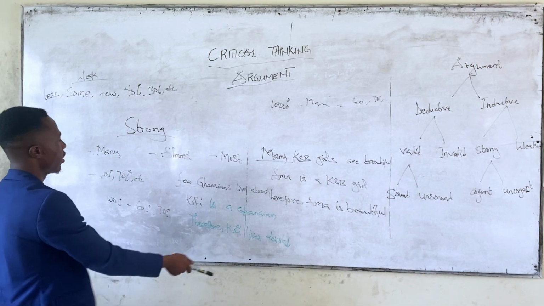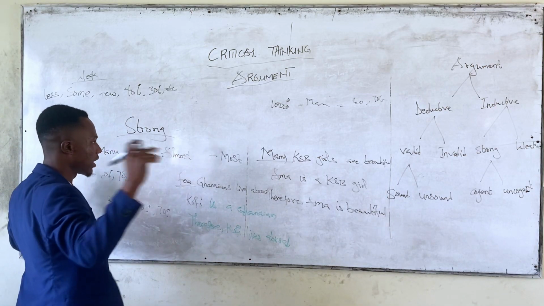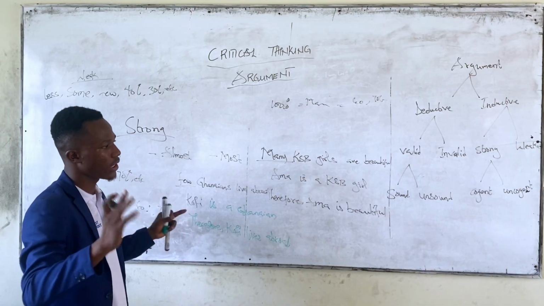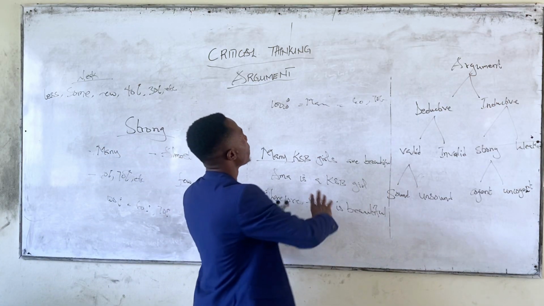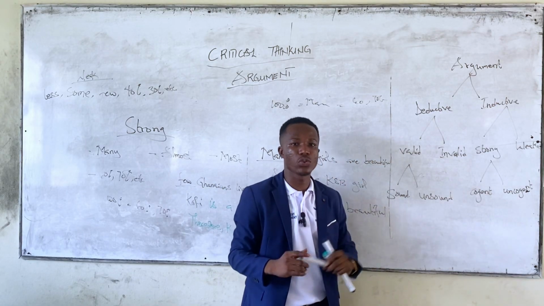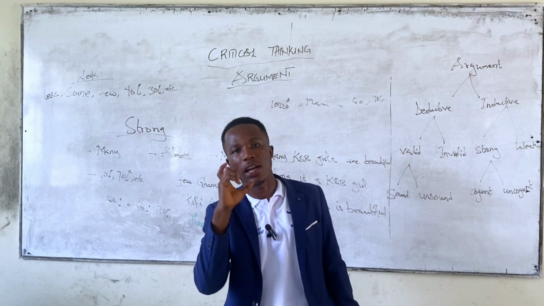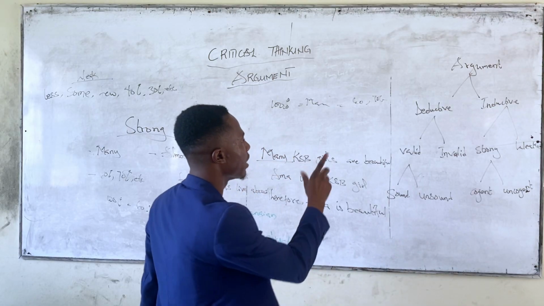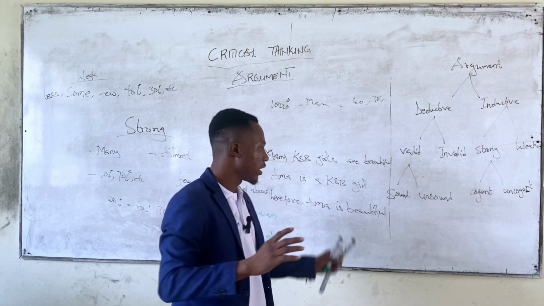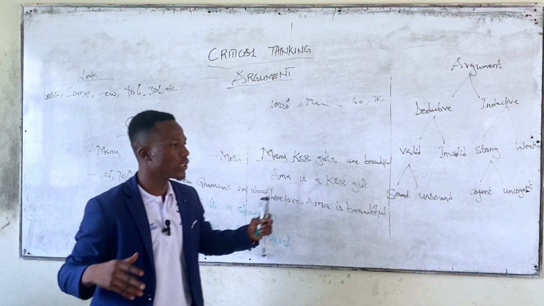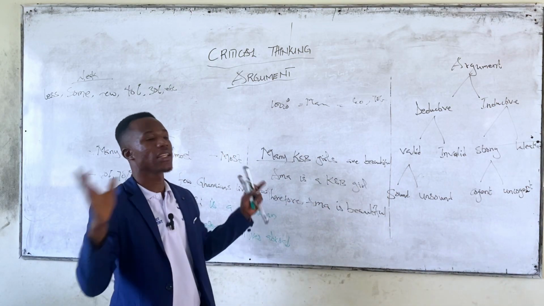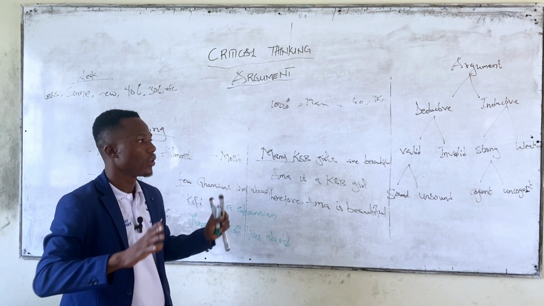So for weak, just have it in mind the indicator words, okay? Yes, the indicator words and all that. I will have another video to teach you how to determine whether an argument is inductive or deductive. This one is just the simple examples that you'll be taught in class. But we also have some analytical examples.